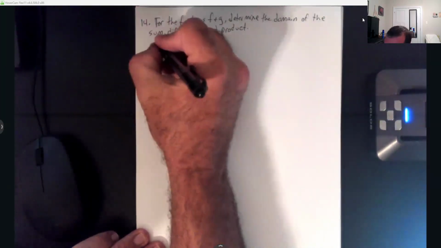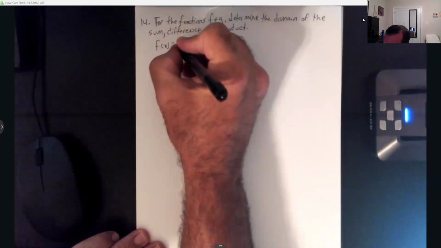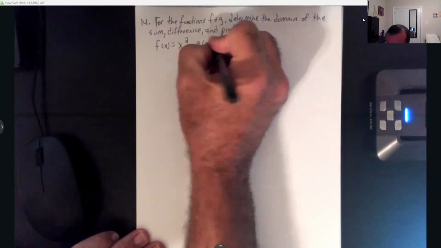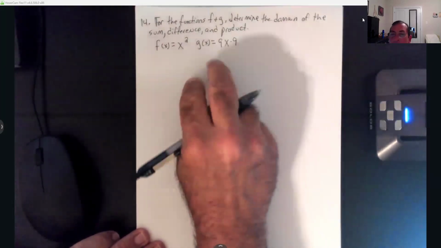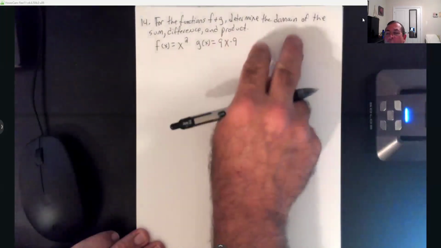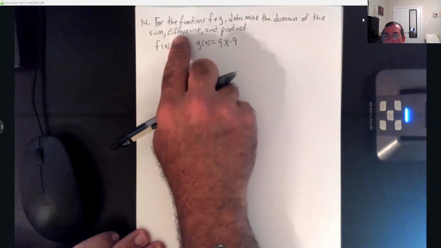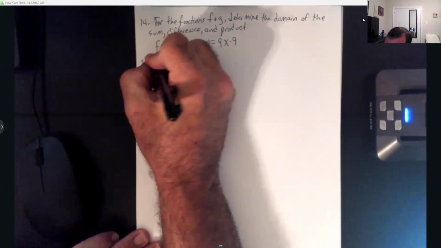So for this one, they're giving me f of x equals x squared and g of x equals 9x minus 9. This is almost like 3 problems in one. We're going to find the sum domain, the difference's domain, and the product's domain. Let's start with the sum.